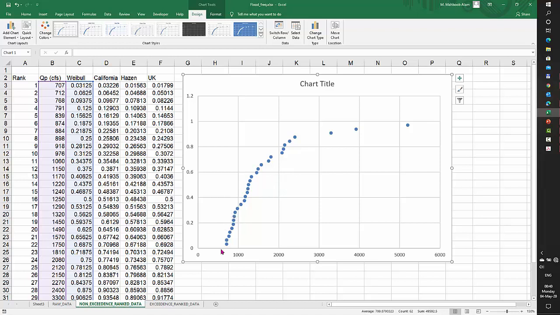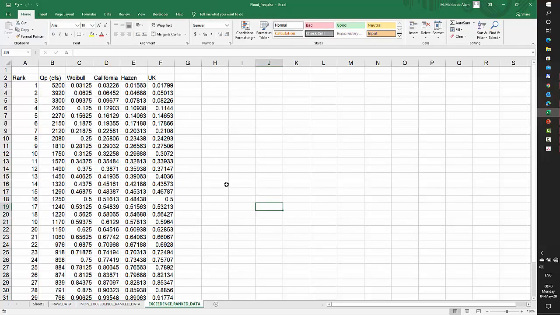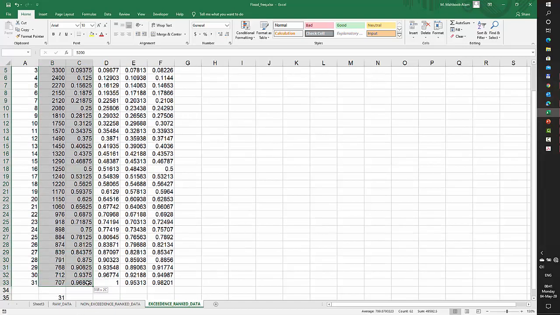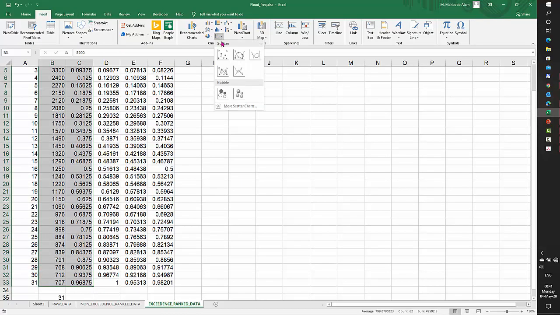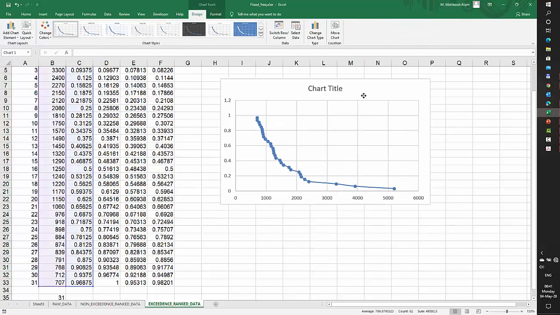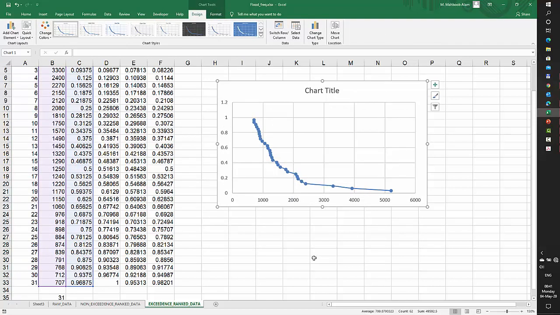On the other hand, if I sort them differently in descending order and then plot the graph between the two, it gives me the exceedance probability, which basically tells me that there is an 80% probability that this 1000 cubic feet per second value would be exceeded.